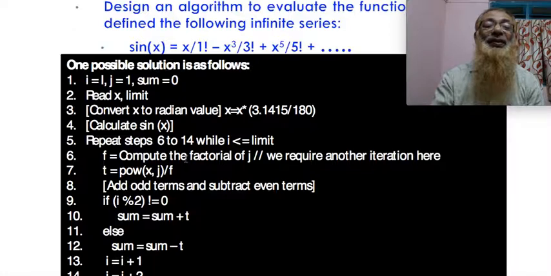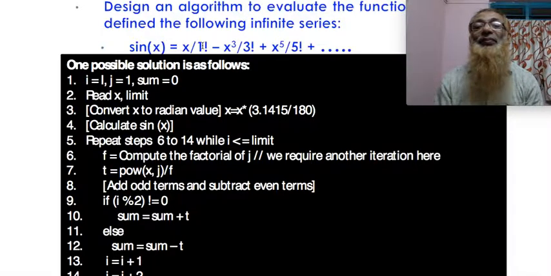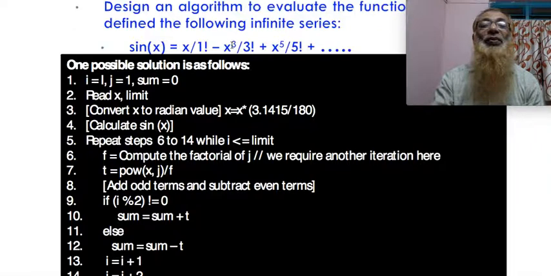See this term here, first term, x by 1 factorial. That is the first term. Second term is x cube by 3 factorial. See how these powers are varying from first term to second term. x raised to 1, x cube, x5.